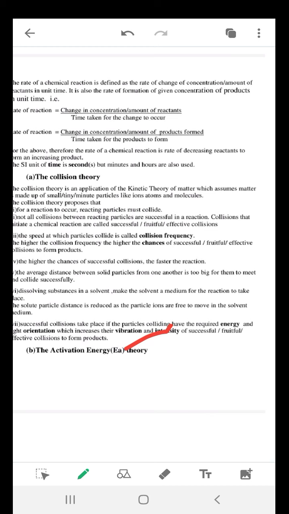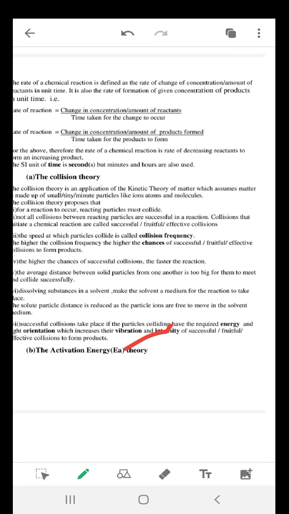Can you still state the kinetic theory of matter, students? Okay, good. So the kinetic theory of matter states that matter is made up of tiny particles which are in continuous random motion.